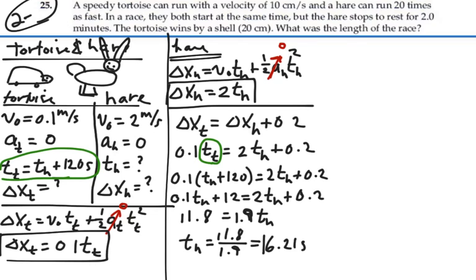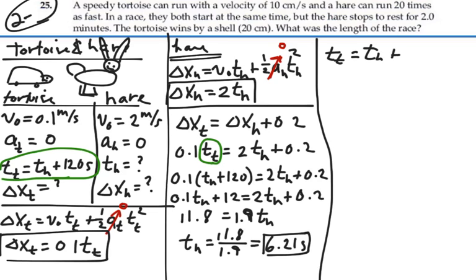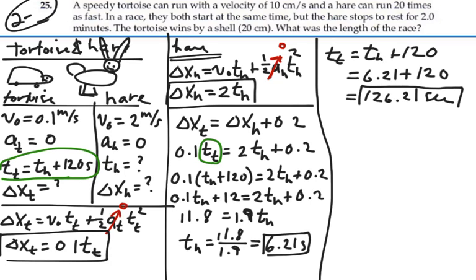So that's how long it takes for the hare to finish the race. The time for the tortoise is the time for the hare plus 120. So that's going to be 6.21 plus 120, or 126.21 seconds. So that's the time for the tortoise.